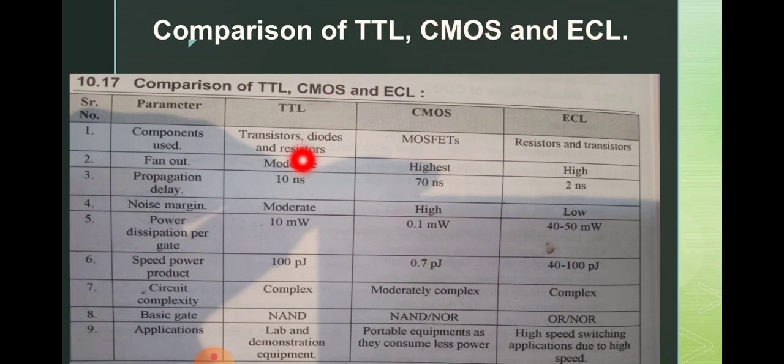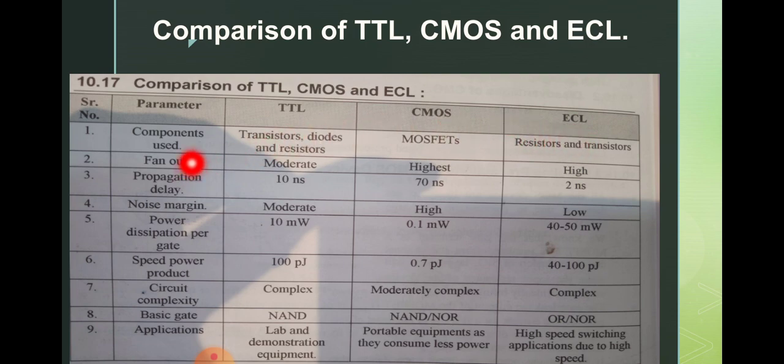Now I am going to explain the comparison between these three with the help of different parameters shown here. Let us start with the first parameter, that is what components are used. In TTL, transistors, diodes and resistors are used. In CMOS, MOSFETs are used, and in ECL, resistors and transistors are used.